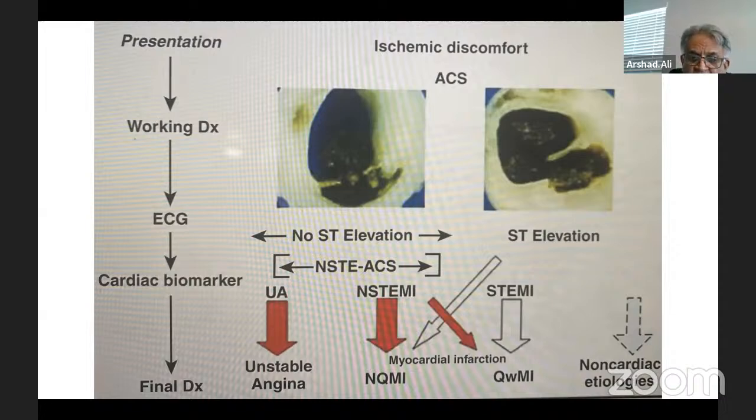The difference between these is going to be the degree of occlusion and reperfusion of the vessel. That will determine whether you end up with one or the other. All three of these can trigger the fourth, sudden cardiac death, because ventricular fibrillation may be the first manifestation of any of these.